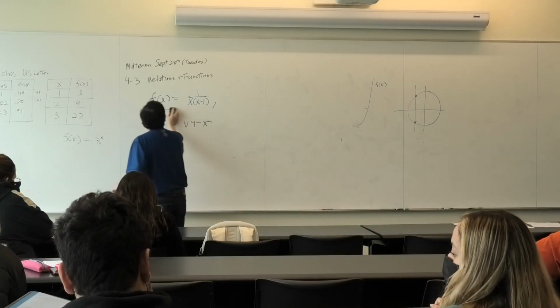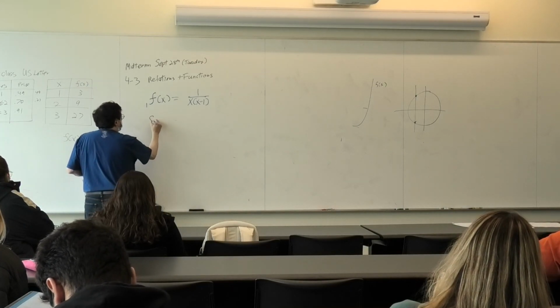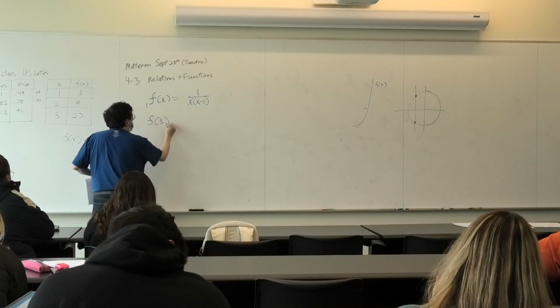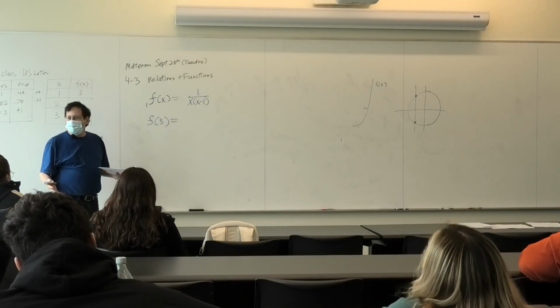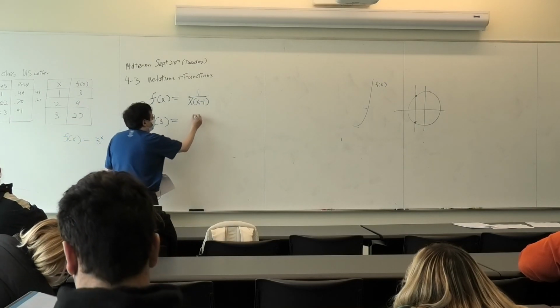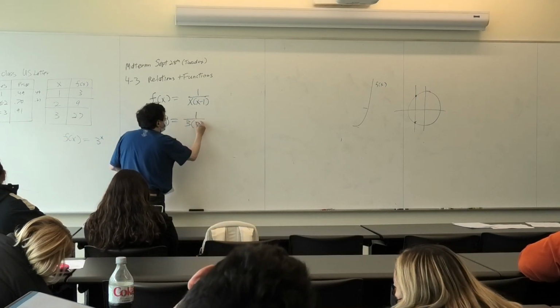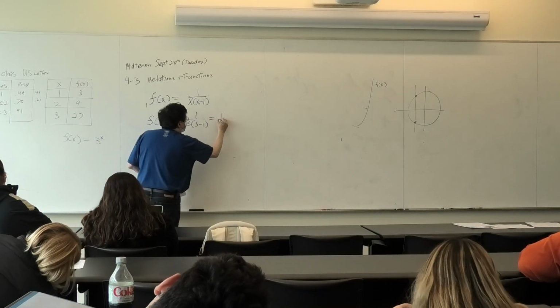Let's just use this one here. If I wrote f of 3, what do I mean by that? I want to evaluate the function at 3. You just plug in 3 for x. Very good. Now you have to do a little math. All right, 1/6.